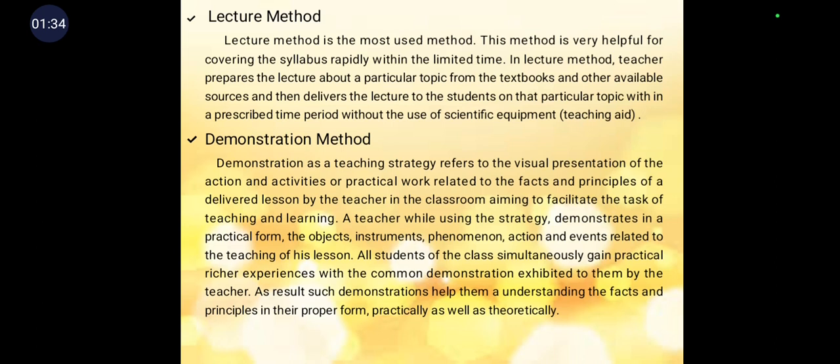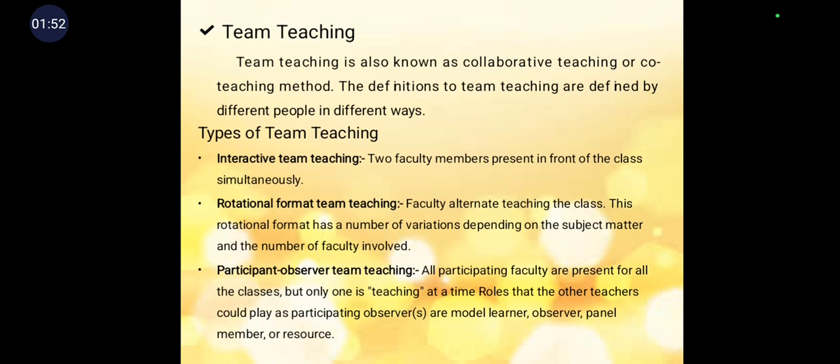All students of the class simultaneously gain richer practical experiences with a common demonstration exhibited to them by the teacher. As a result, such demonstrations help them in understanding the facts and principles in their proper form, practically as well as theoretically.